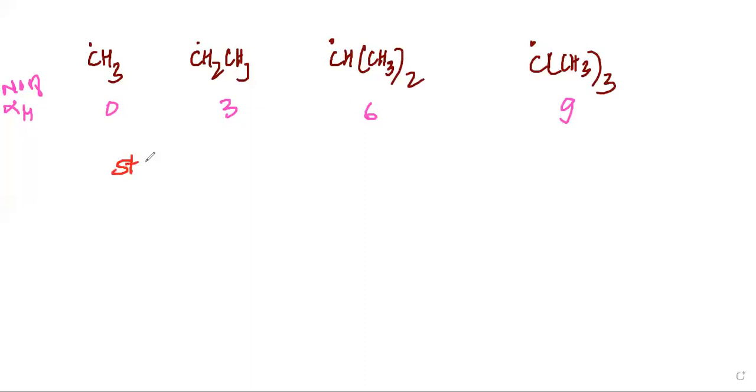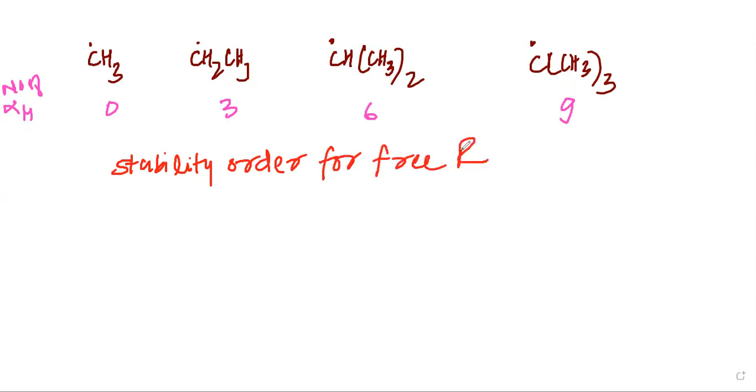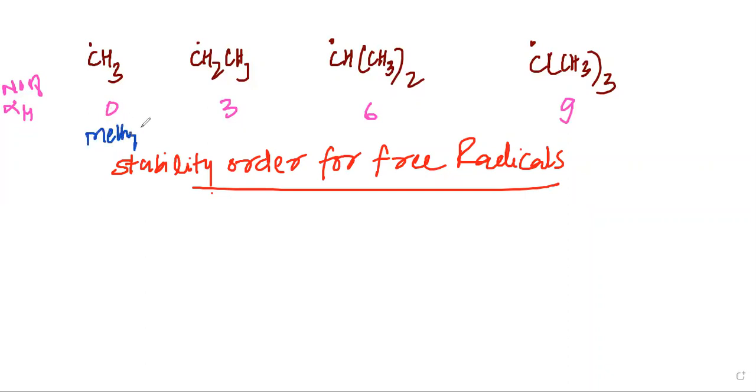Stability order for free radicals. Can you tell me what can be the free radical stability order? This is what we call a methyl free radical.